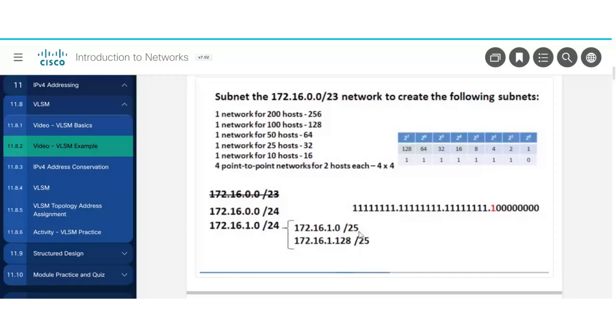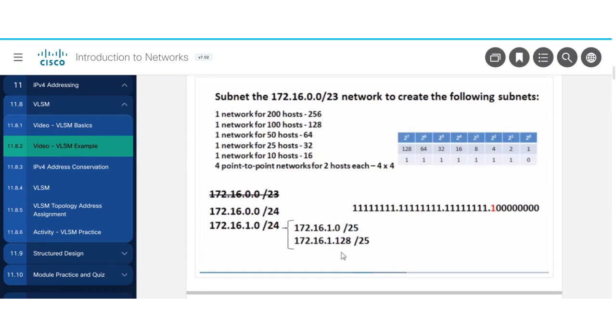This creates another subnet, 172.16.1.128. Both subnets have a magic number of 128, meaning the networks go up by 128. So I've taken this one network of 256 hosts and subdivided it into 2 networks of 128 hosts each. Now I have a subnet to meet this second requirement.